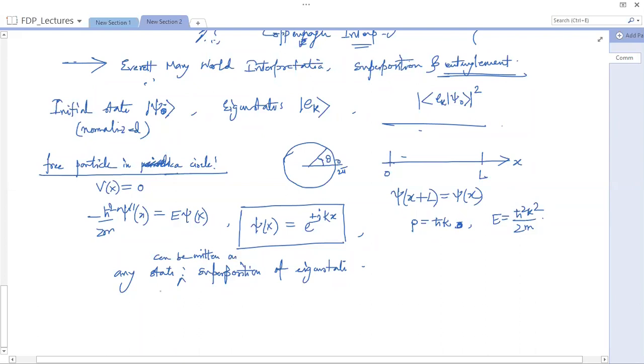So if I tell you, you start with an initial state psi naught, which is kind of a sine function.